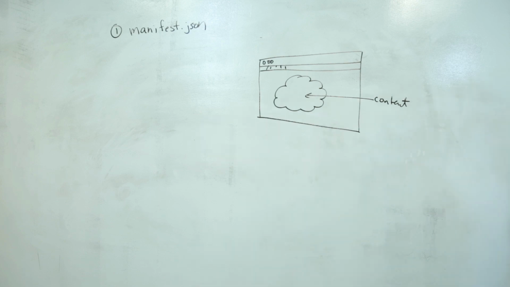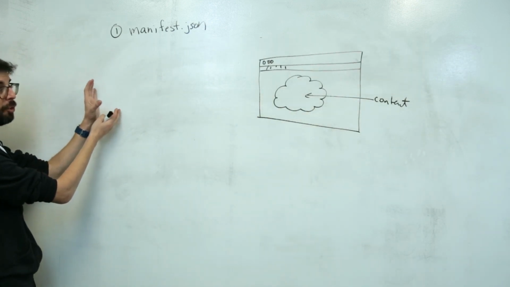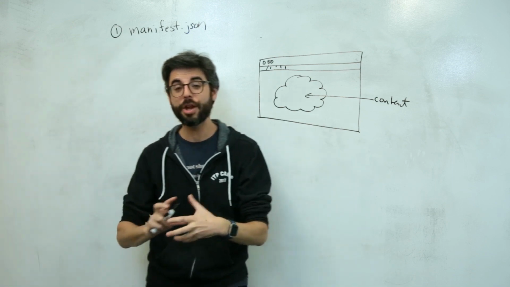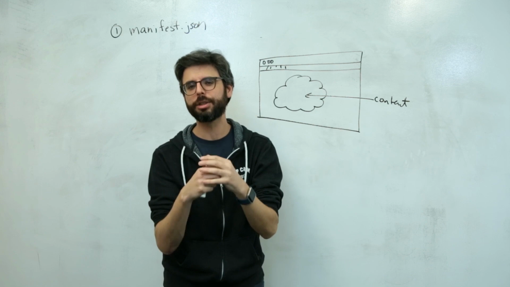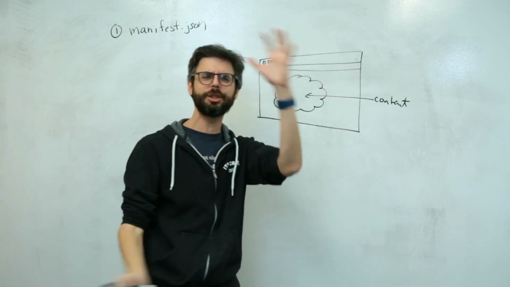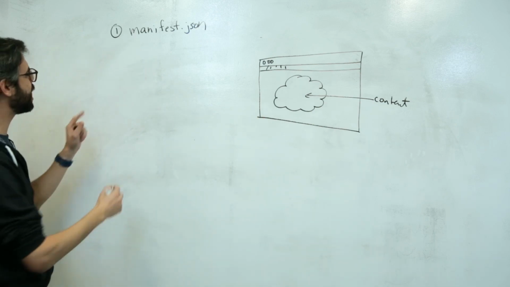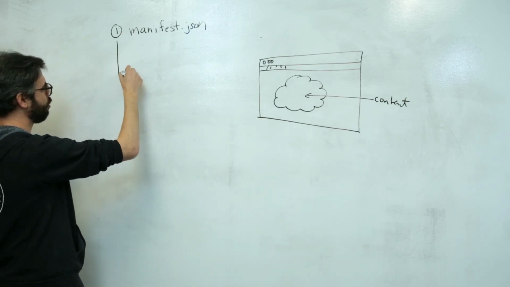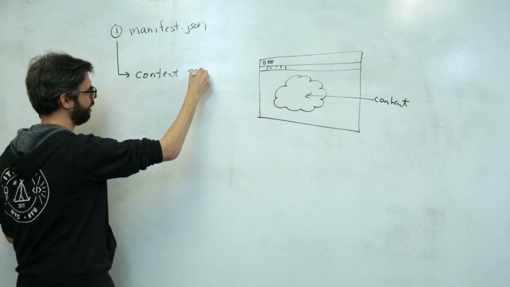Now, there are a variety of kinds of Chrome extensions you can make. We mentioned this one that overrides the new tab page. There's ones that add buttons to the interface. There's browser action pages, all sorts of things. I'm going to get to all that stuff. The first thing that I want to add to my Chrome extension is something called a content script.